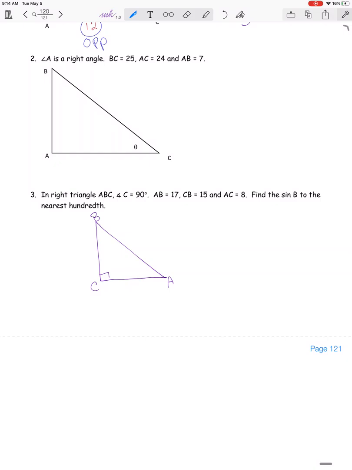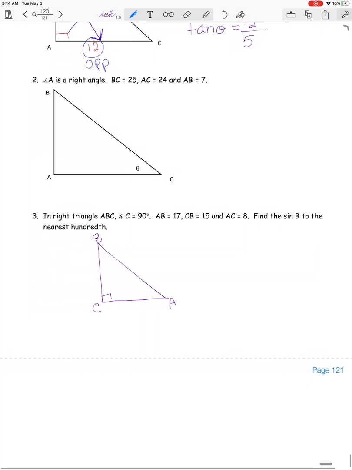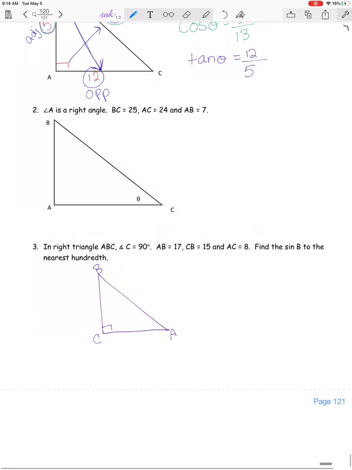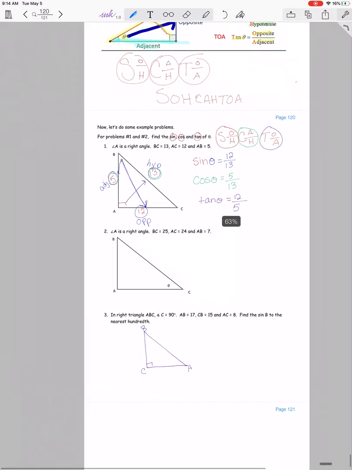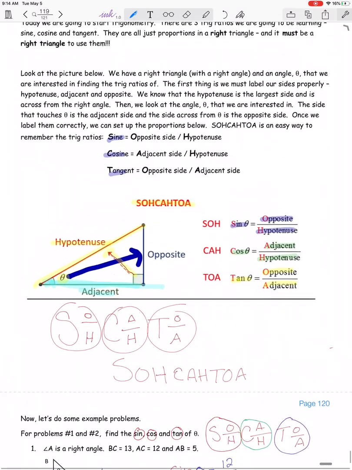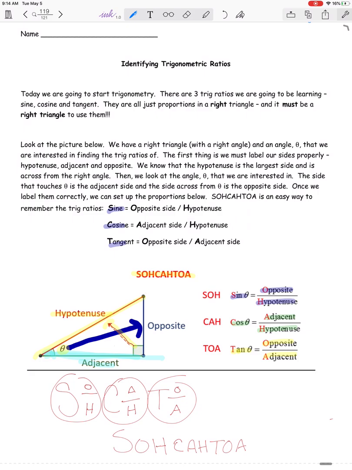The rest you can do on your own. So that is it. That is how we look at identifying our trigonometric ratios. So remember, we're working with SOHCAHTOA. My recommendation would be first label the sides of your triangle, and then it will be easier from there.